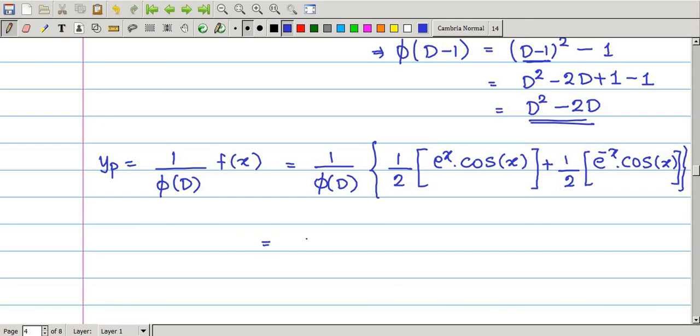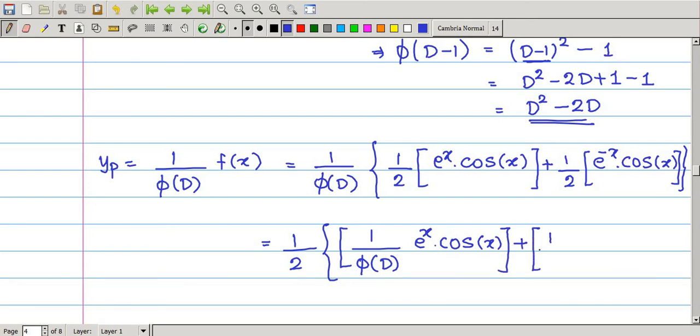So we operate the auxiliary equation on each function. So overall we can take 1 upon 2 outside and we apply the auxiliary equation phi of d on e raised to x into cos x plus 1 upon phi of d on e raised to minus x into cos x.